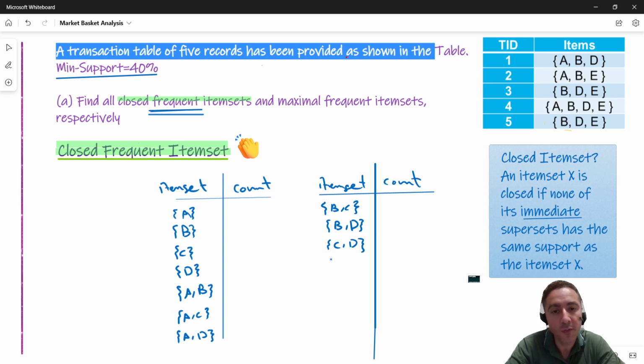Then we look into three item set. Then A cannot be merged with any of these item sets. So we go immediately to here. So A, B, C. Sorry, we don't have C. Why suddenly C?